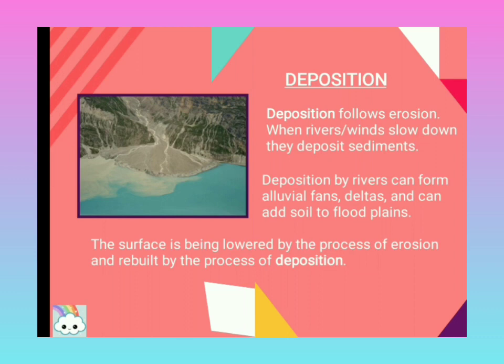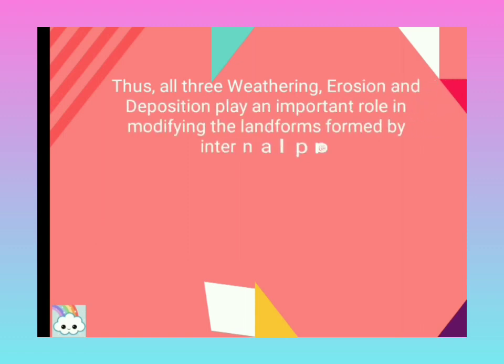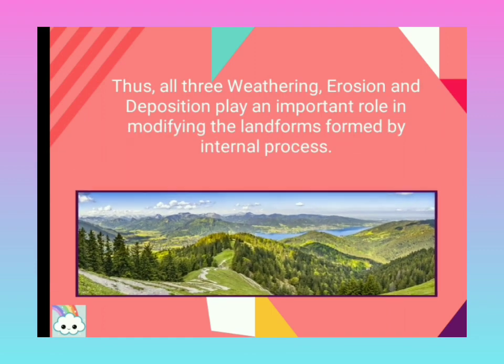So you must have understood by now that the surface is being lowered by the process of erosion and rebuilt by the process of deposition. Thus, all three, weathering, erosion, and deposition, play an important role in modifying the landforms formed by internal processes.